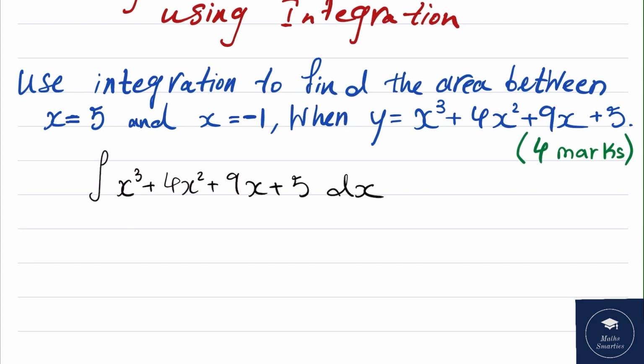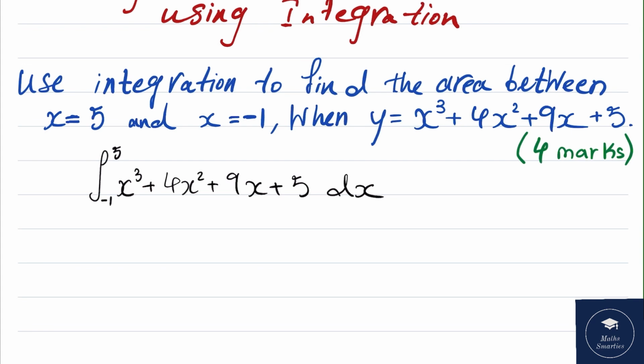And what are the integrals? The integrals are these. These are the solutions. So, whichever is greater goes up, whichever is lower goes down. So it's 5 minus negative 1. So let's integrate.